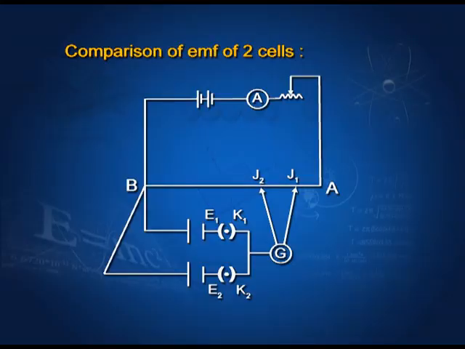There is an experiment based on this particular situation in the physics lab. Comparison of EMF of two cells. Two cells of EMF E1 and E2 are connected at point B as shown in the diagram. Always remember, all the positive terminals of all the cells are connected at the same point.